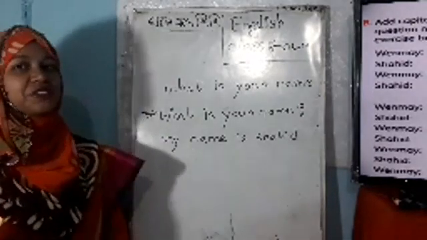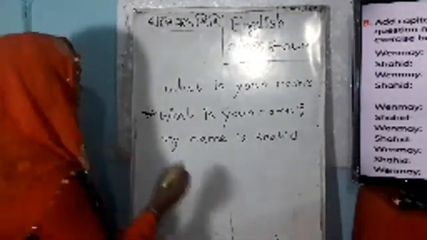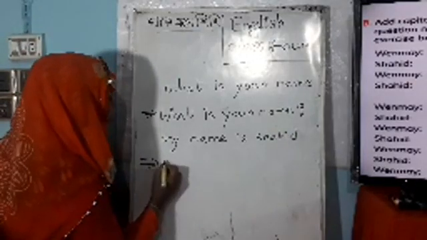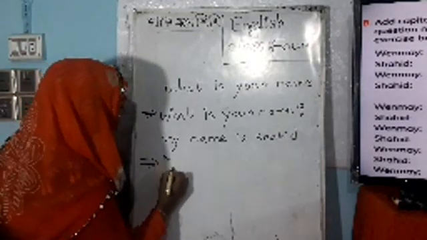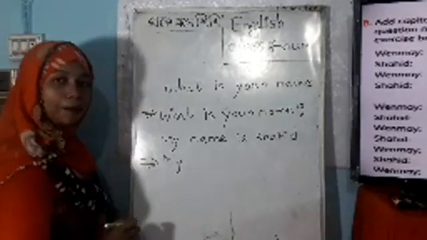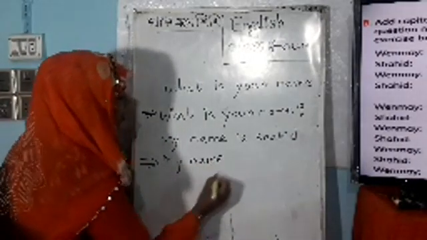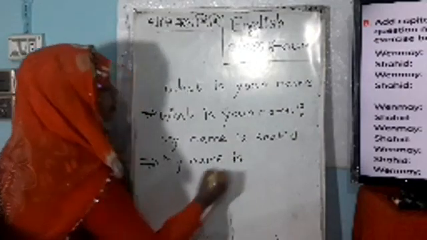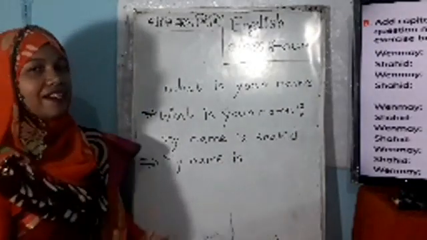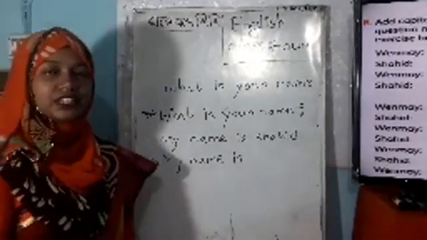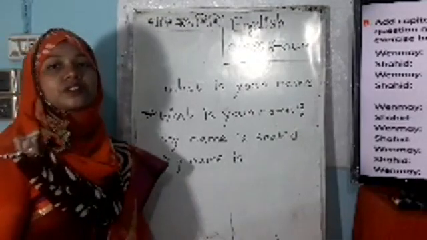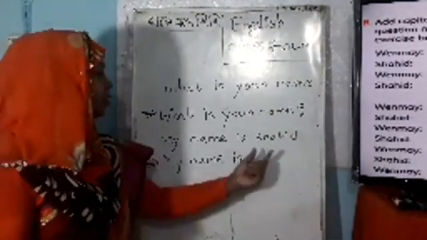But we have to use a capital letter. So the correct form is capital M. This is my name. N-A-M-E. We have learned in our last session that we use a capital letter to start a name.